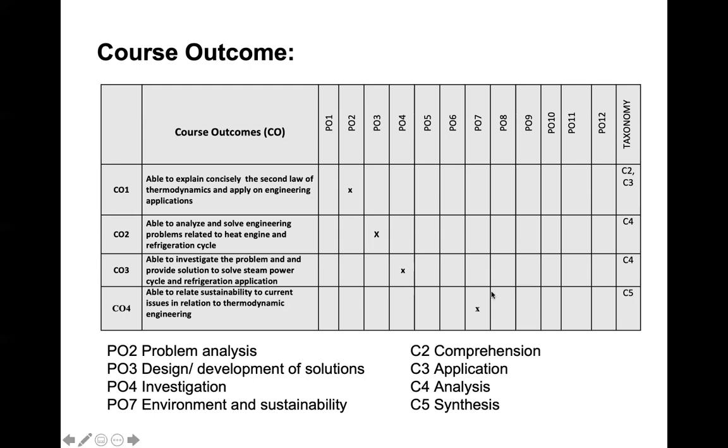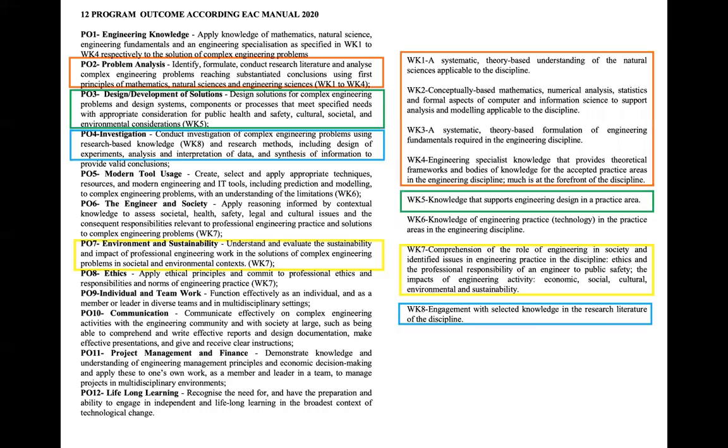So this course will link with PO2, PO3, PO4, and PO7. The taxonomy will link, because this is an advanced course compared to engineering thermo, so we will have a higher taxonomy level compared to your engineering thermo.